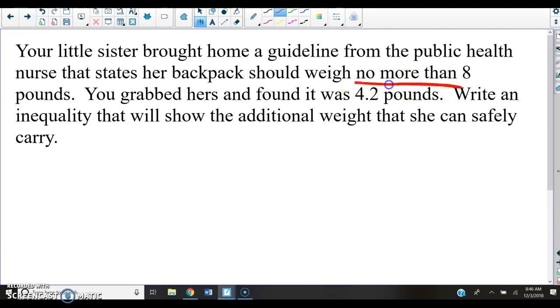What are you going to do with no more than? So if it's not greater than, that's the same as what? Well, not more than is certainly less than, but what about or equal? If it's not more than 8, can it equal 8? Yes, it can. So we want the backpack to be less than or equal to 8 pounds.